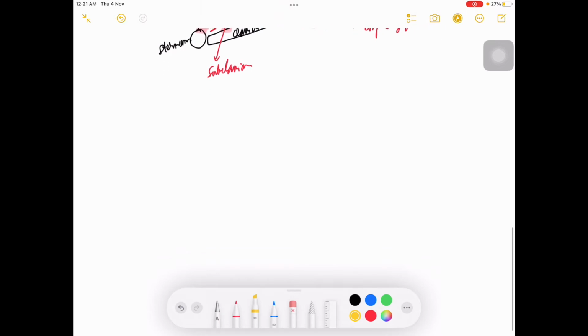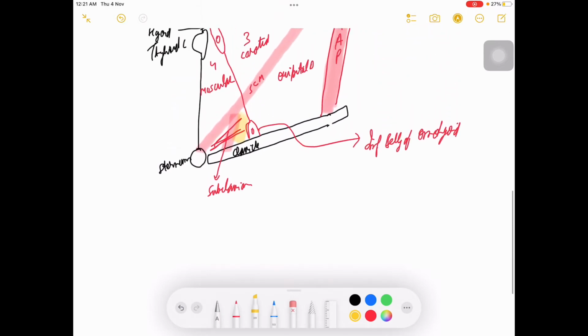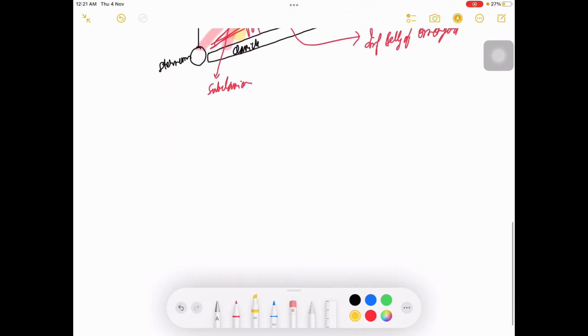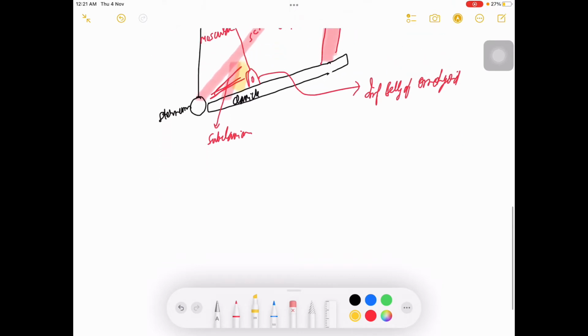Okay, so now we are just going to focus on the posterior triangle and the sternocleidomastoid muscle. But before that, I'm just going to talk about the two spaces that are formed. Like this space you can see, and certainly this space has a specific name.